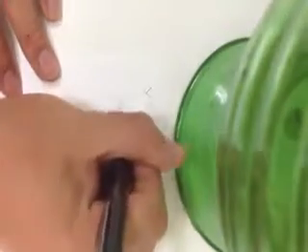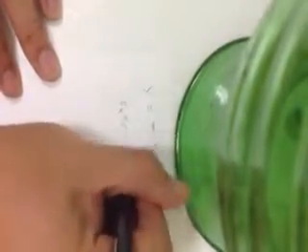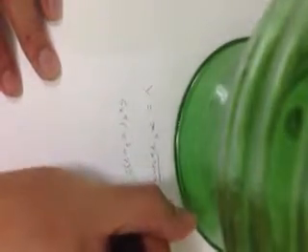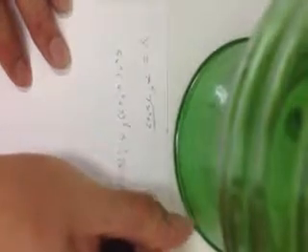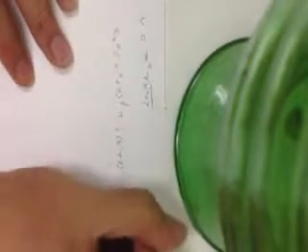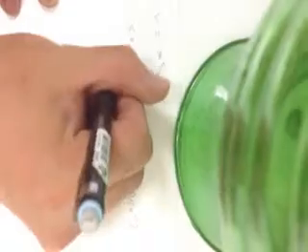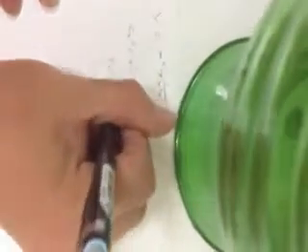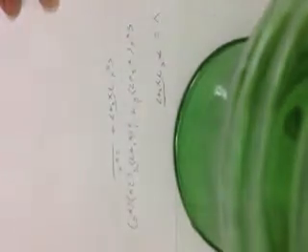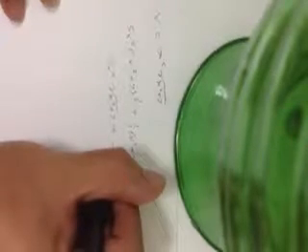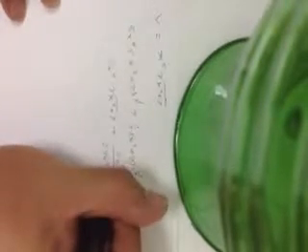So 5x to the 4th times (x squared plus 7) to the 1/2, plus 1/2 times (x squared plus 7) to the negative 1/2 times 2x times x to the 5th. And from that we get 5x to the 4th square root of x squared plus 7 plus 2x to the 6th over 2 square root of x squared plus 7.